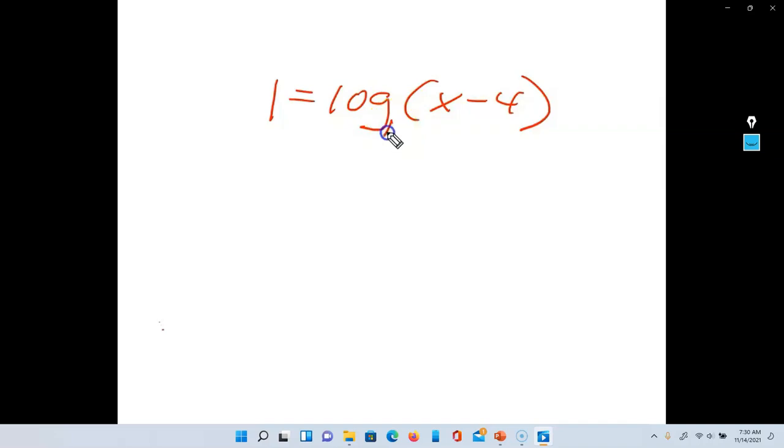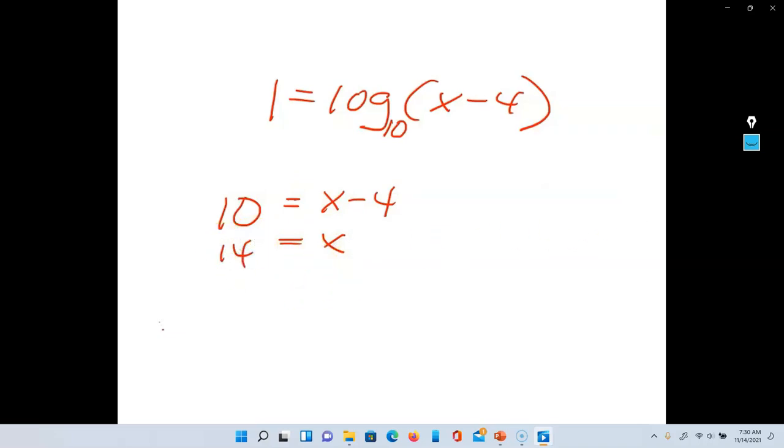Now notice this is log of base 10. So our base is 10. Our exponent is 1. And our answer is x minus 4. Well, 10 to the first power is just 10. So we get x equals 14.